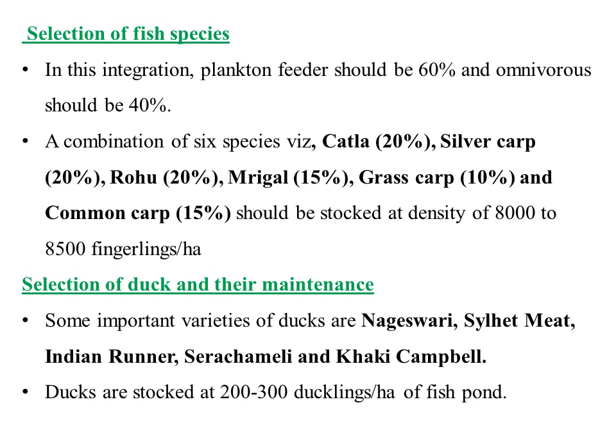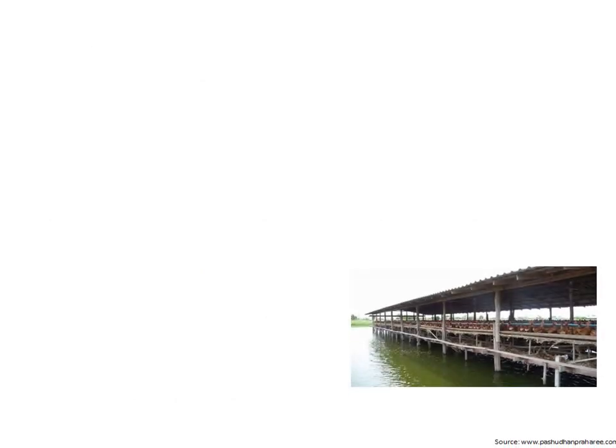The ducks are stocked at a rate of 200 to 300 ducklings per hectare area of the fish pond. The ducks are collected from government farms and treated for diseases, and preventive measures are to be taken for epidemic diseases like duck plague or cholera, etc.